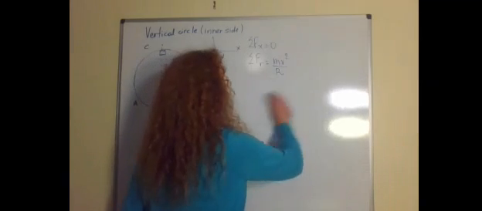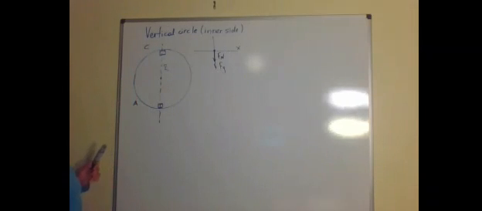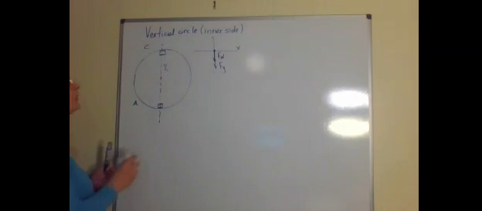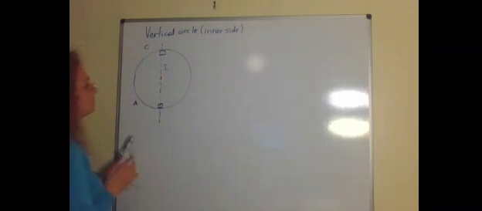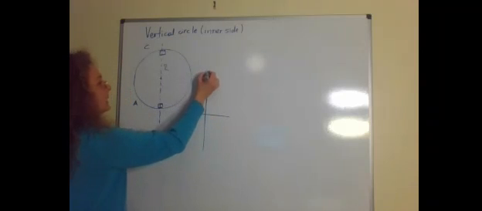So that was the highest point, normal force and gravity adding up to create the centripetal force. At the lowest point, the situation changes. Still, this is the radial axis.